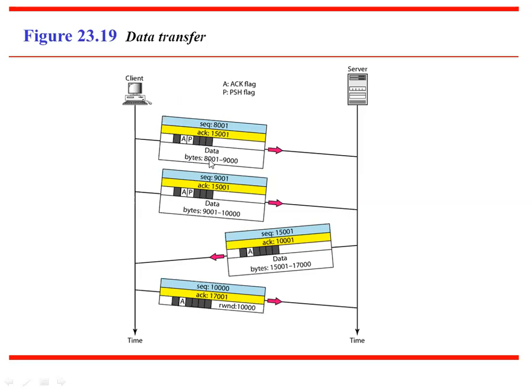This is sent to the server. Now the client is again sending another packet to the server with sequence number 9001, because previously it had sent from 8001 to 9000. Now it is sending from 9001 to 10,000. So its sequence number is 9001, and again it is expecting to receive 15,001 from the server.